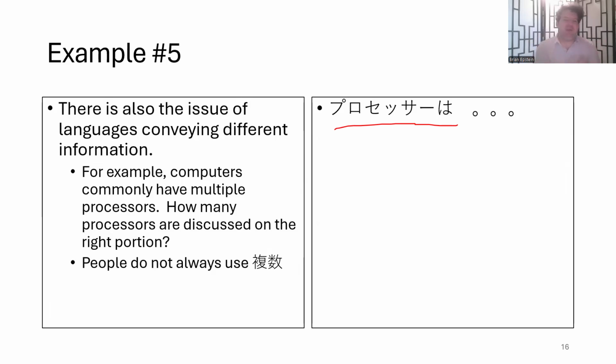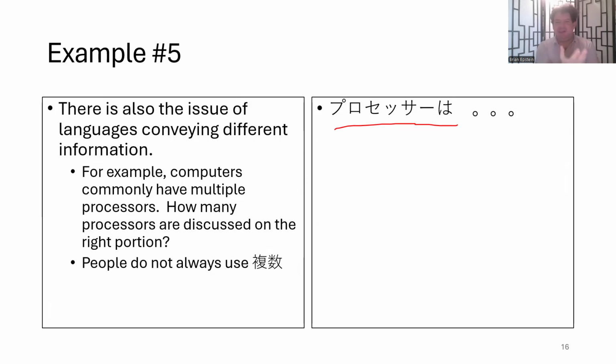And so maybe some benrishi won't use fukusu. I don't know. Or maybe they don't use processor-tachi. I can't say because I'm not a native speaker and I don't know what the native claims look like when they get translated from Japanese to English by translators.